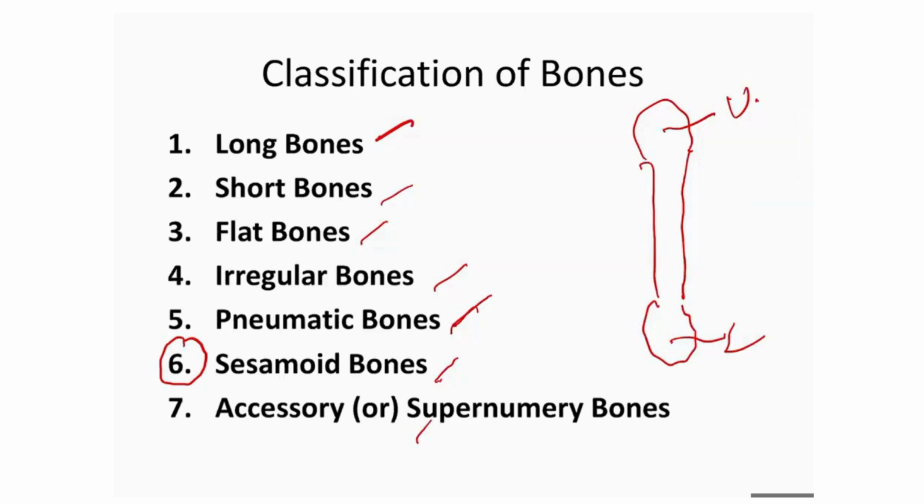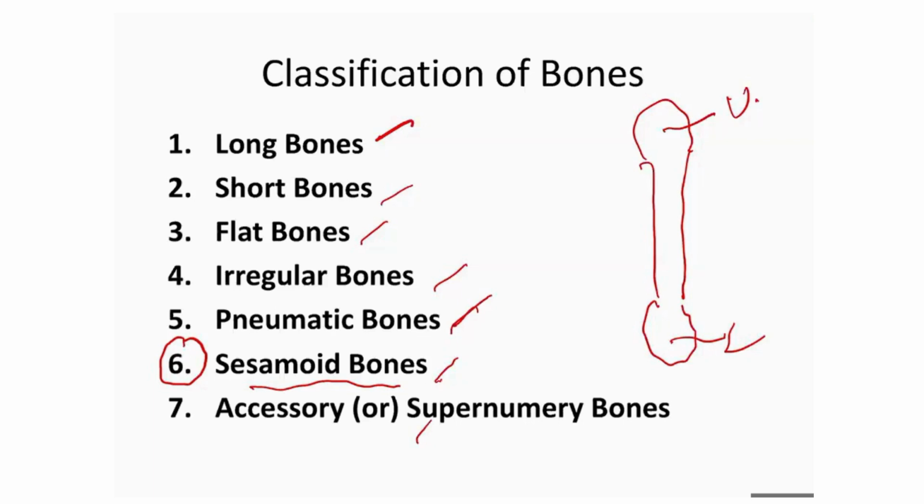The covering of the bone is periosteum, but the sesamoid bone will not have periosteum. That you have to remember. Features of sesamoid bone: absence of periosteum, developed after birth, develops within the tendon. One such example is patella, which is developed from the tendon of quadriceps femoris.